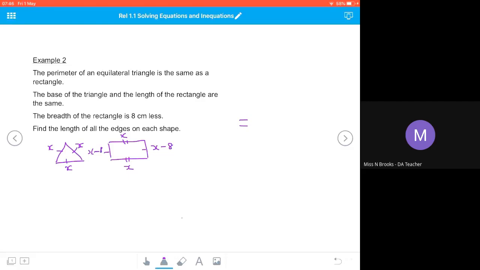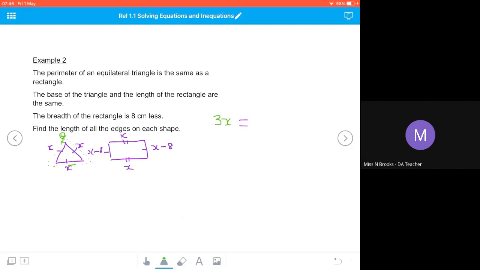Now, perimeter is the distance all the way around the outside of an object. So imagine that I have a little person who's going to go for a walk, and around the equilateral triangle they are going to be walking 3x. So I can put 3x on the left-hand side of my equation.